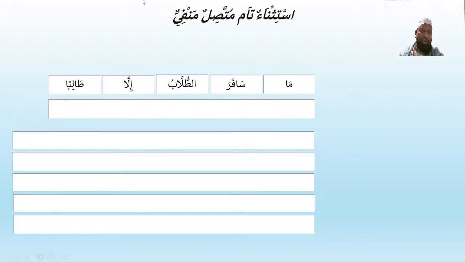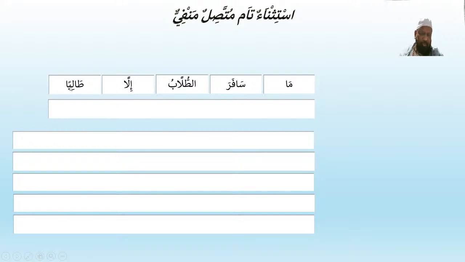So here طالبا, either we can say as mansub according to the rule after illa mustasna is mansub. We also can follow the i'rab of at-tullab. The i'rab of at-tullab is ad-dammatu adh-dhahiratu ala akhirih.